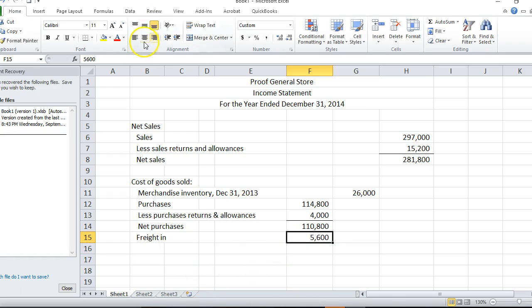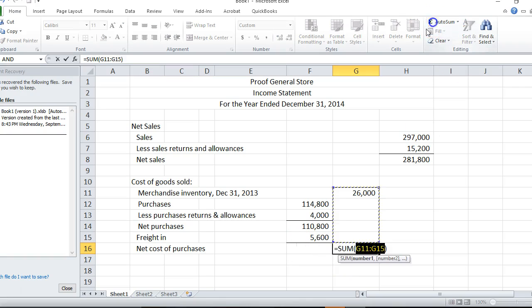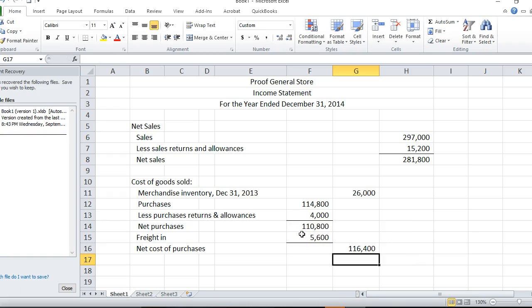So what we're going to do here is our net cost of purchases is going to be the combination of the 110 plus the 5,600 is 116,400. Okay?